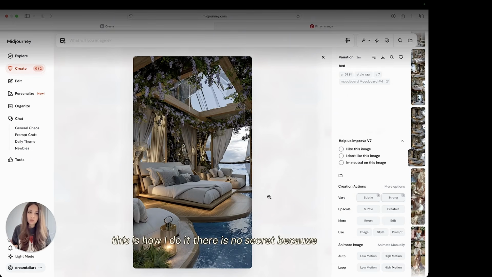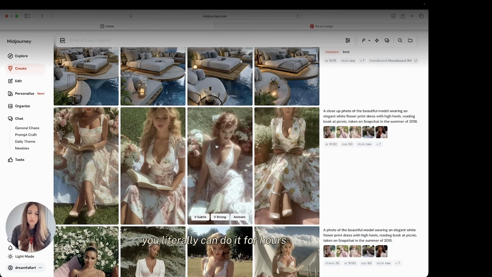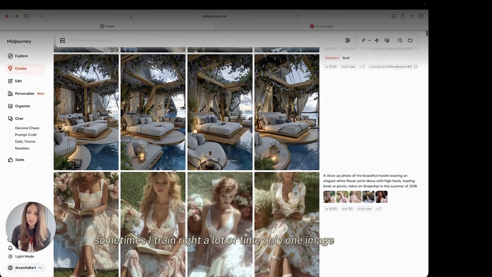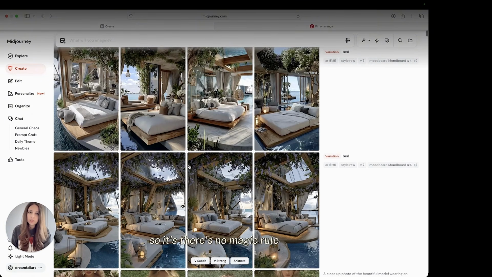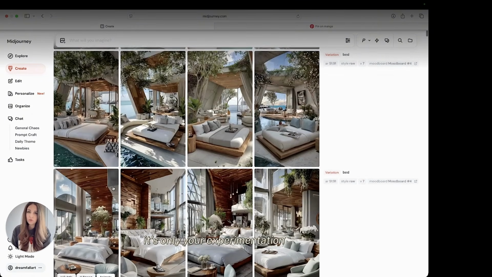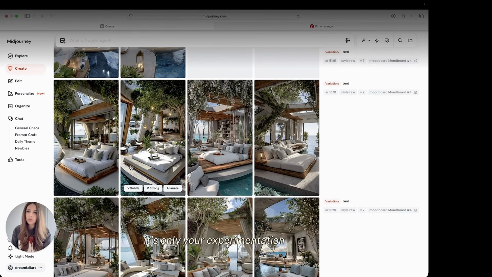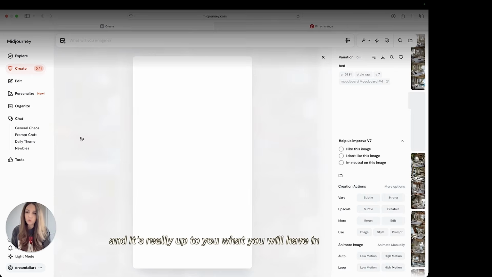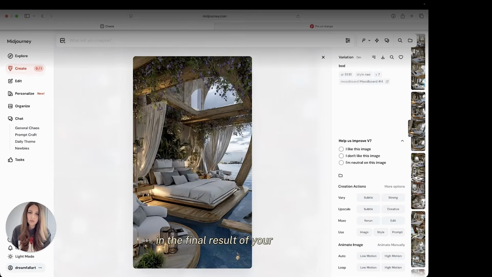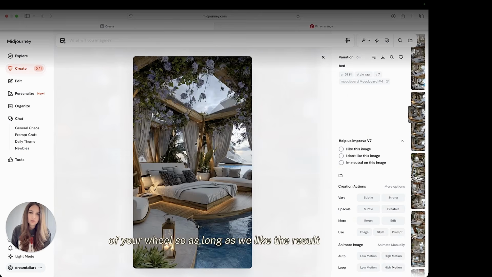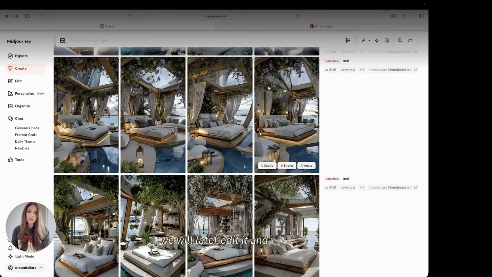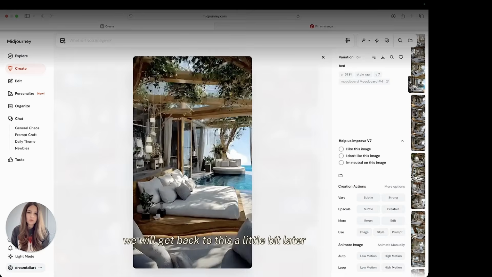There is no secret because you literally can do it for hours, and I mean it when I say it. Sometimes it takes a lot of time to get only one image, so there's no magic rule. It's only your experimentation, and it's really up to you what you will have in the final result of your reel. So as long as we like the result, we will later edit it, and we will get back to this a little bit later.